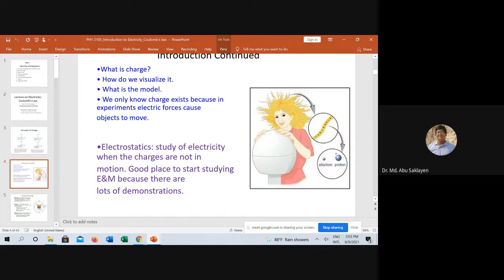During walking on the carpet, you absorb charge, and when you touch a doorknob, the charge transfers from your body to the metal doorknob. In this way, we can find the effect of charge.